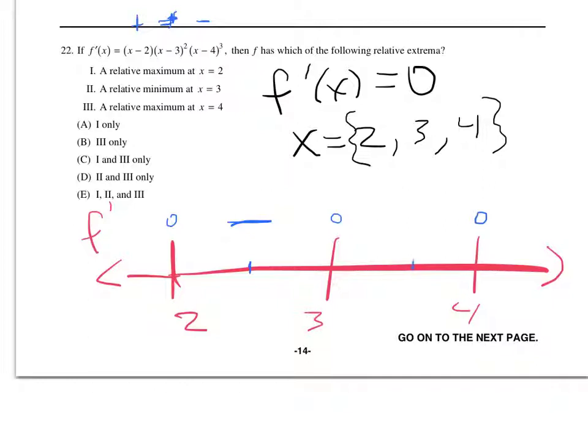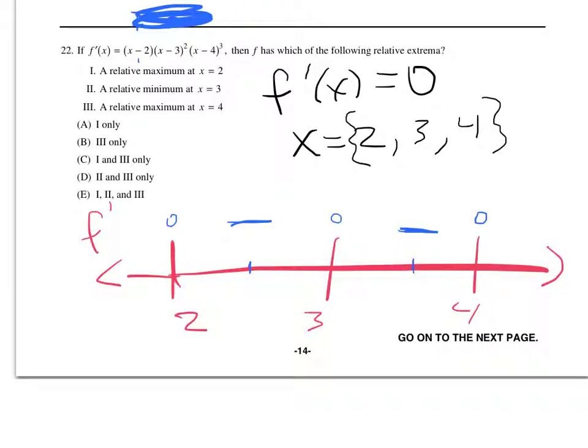So positive times a negative gives me a negative in between there. If I plug in 3.5, up here that's a negative. That would be positive here, and still negative here. So that would give me a negative in between here.